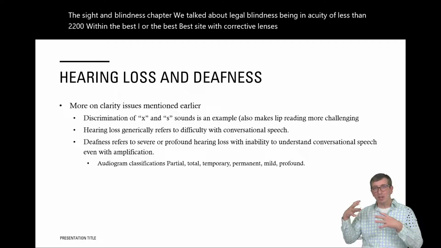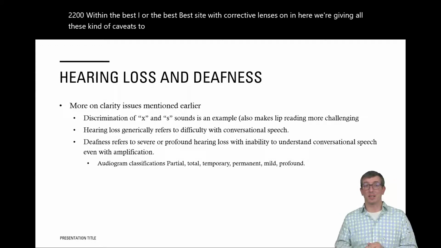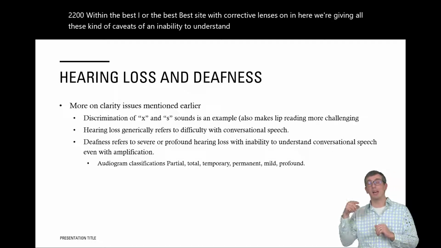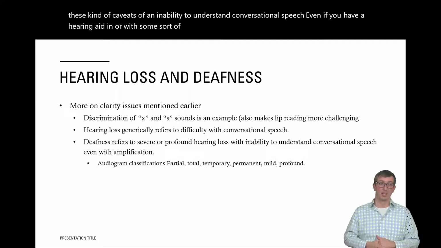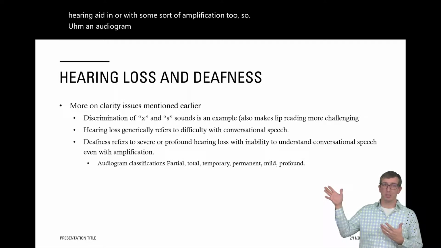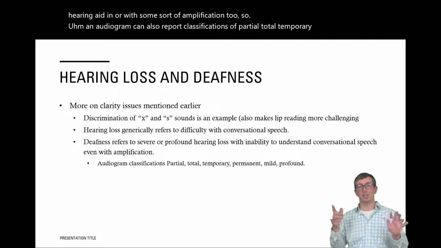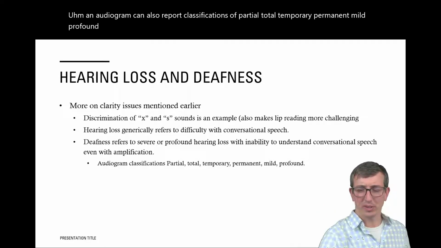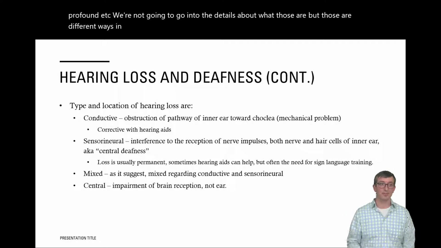And here we're giving similar caveats, an inability to understand conversational speech even if you have a hearing aid in or some sort of amplification. An audiogram can also report classifications of partial, total, temporary, permanent, mild, profound, etc. We're not going to go into the details about what those are, but those are different ways in which this stuff is talked about.